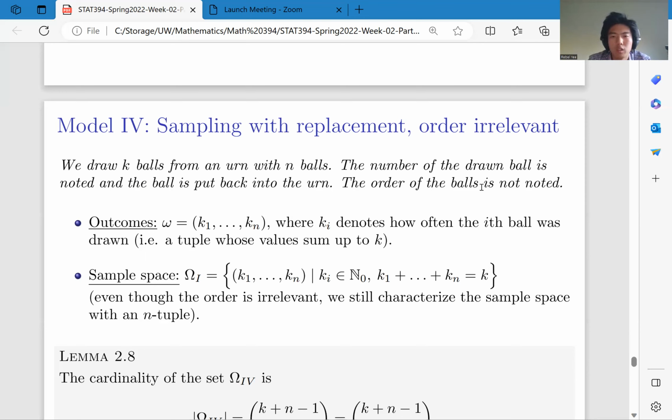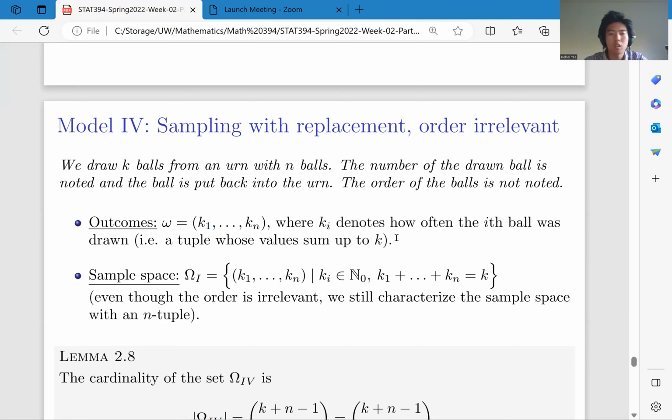But for the whole problem, the tuple values should sum up to k, which means K1 plus K2 up to Kn together is equal to k, because for each draw you will draw exactly 1 ball out. So the total number of balls should equal the number of draws that you made.